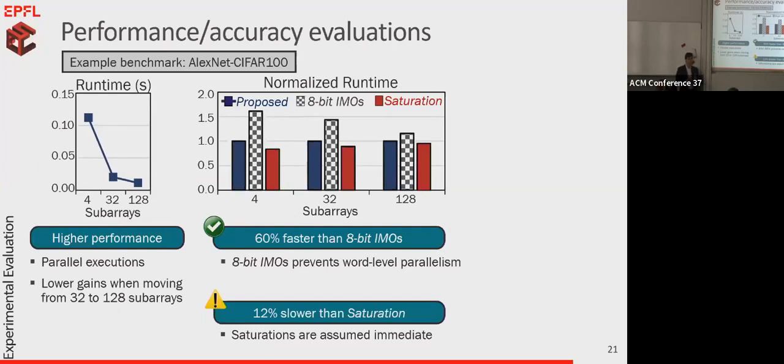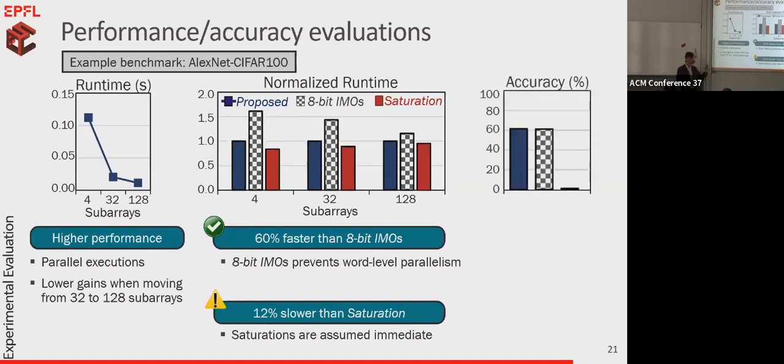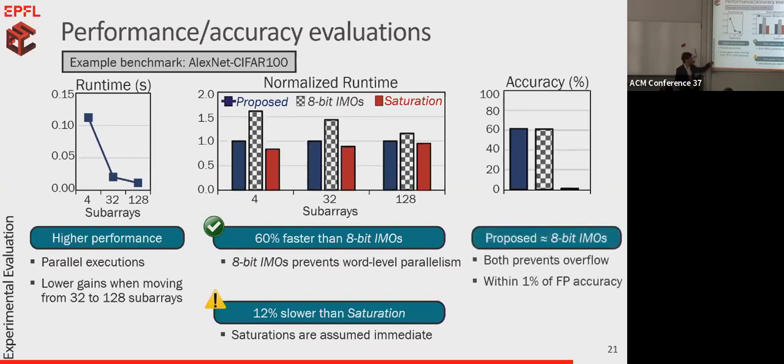So we don't account for an additional clock cycle to perform saturations. But in terms of accuracy, this is what we get. So we have comparable accuracy with respect to 8-bit IMOs, because in the end, we both prevent overflows. But saturation cannot really be a solution because it has a dramatic effect on accuracy.